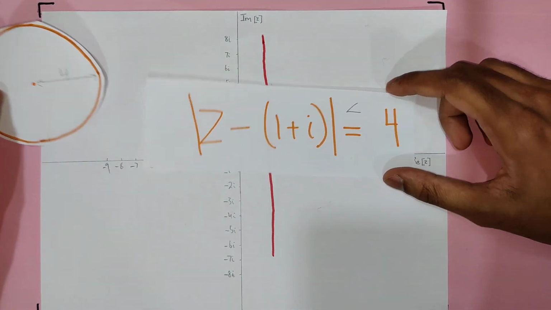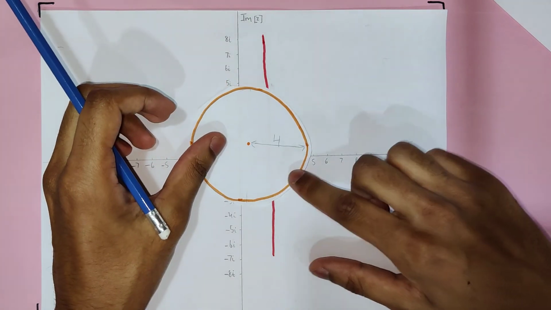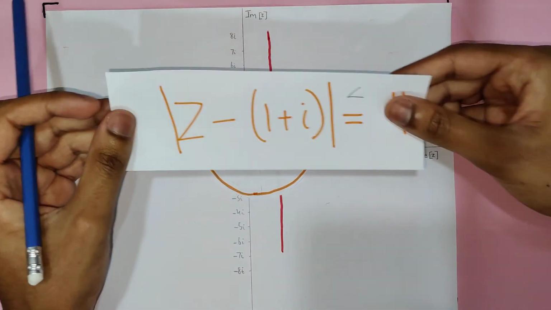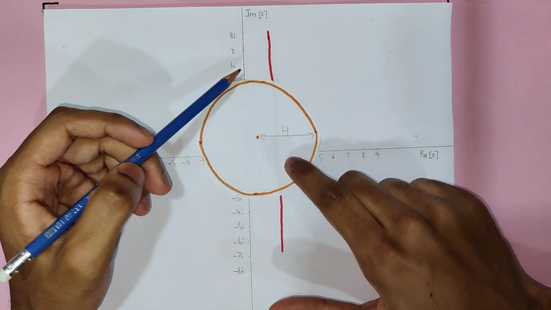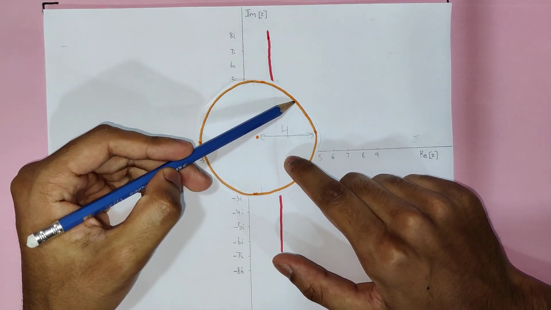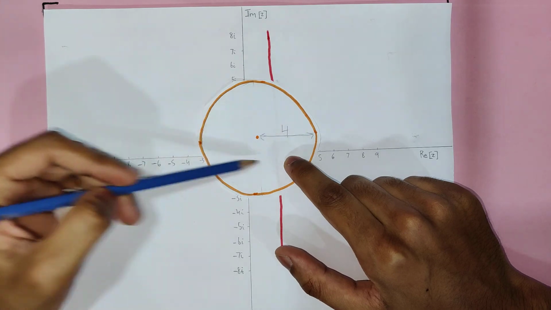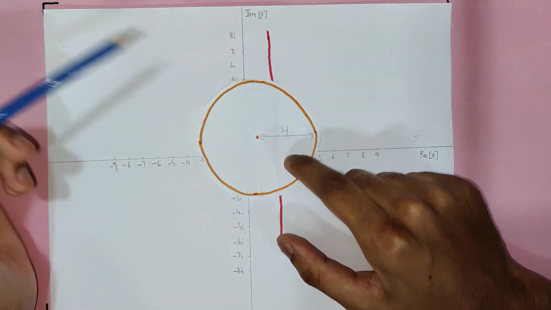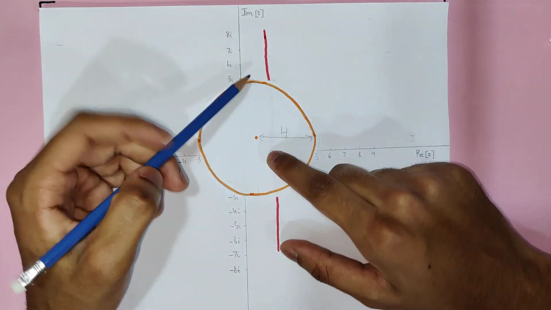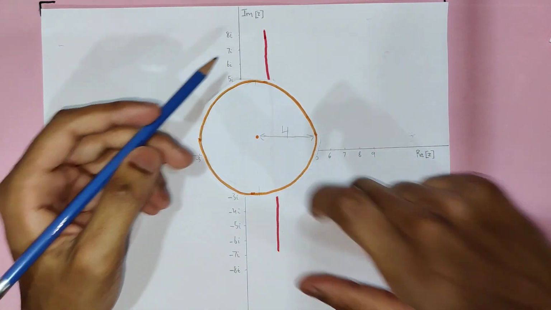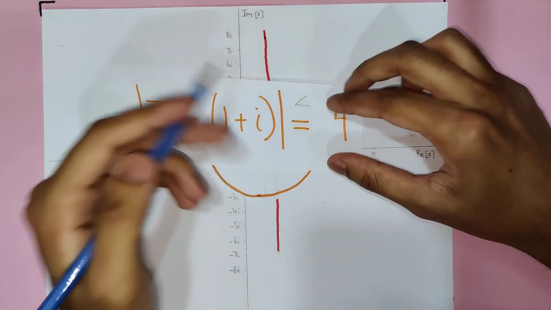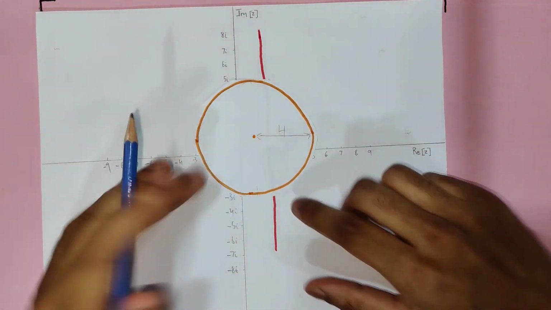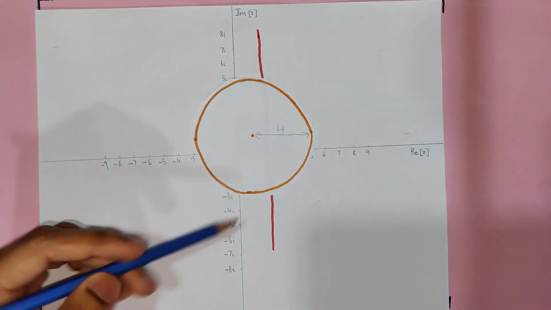Well, if you had to represent that on a diagram, you would still draw the same circle represented by this equation, but because it has to be less than 4, it'll be everything inside of the circle. So you would have to shade it if you got this in a test or a quiz. And if instead it was greater than, you'd have to shade everything outside the circle.